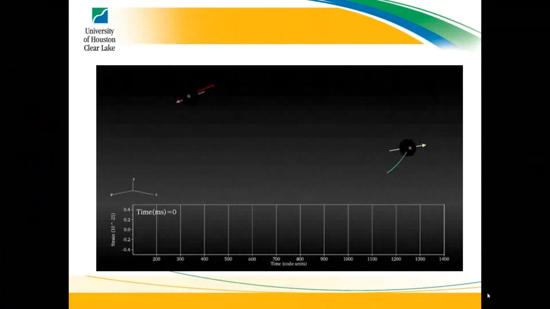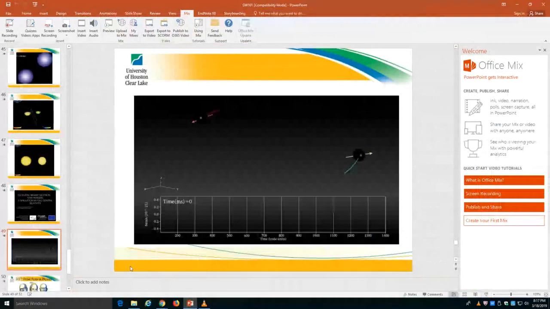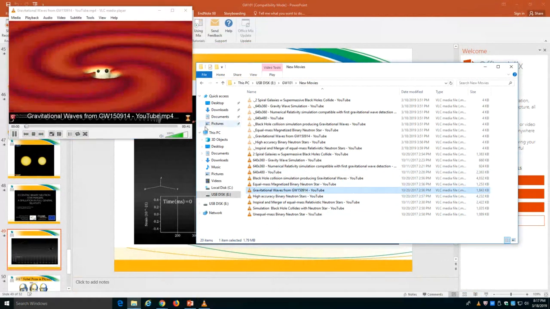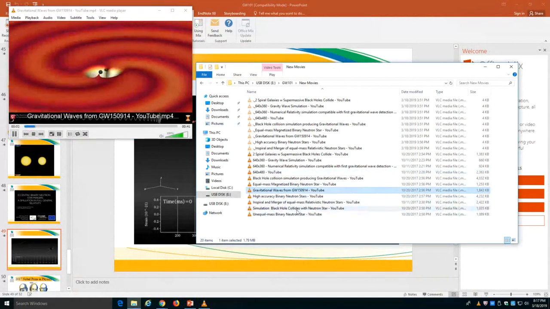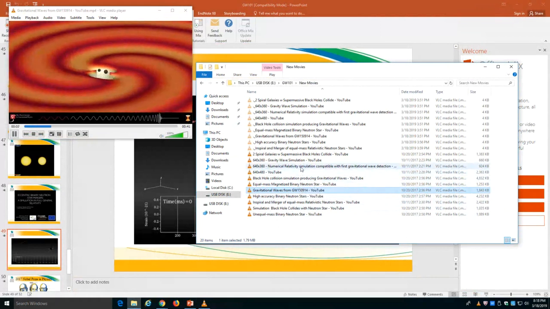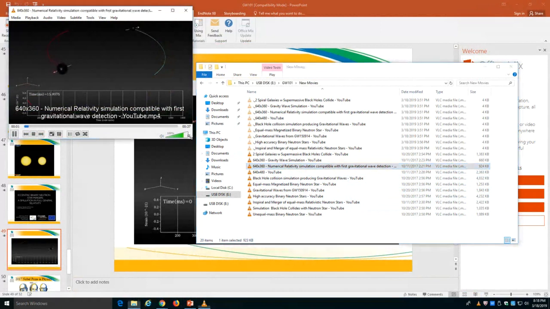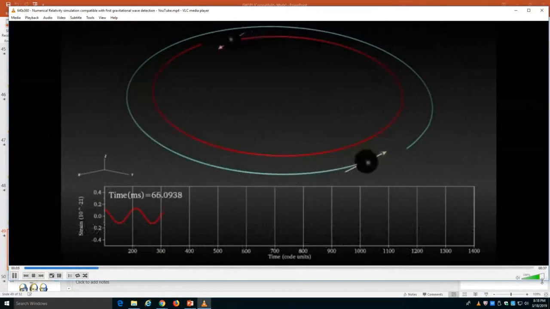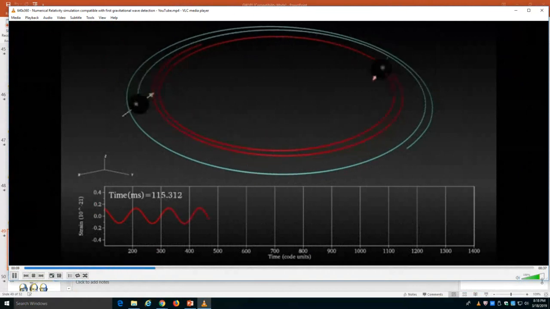So I think I already showed you this one. This was actually the binary black hole that they did observe. Yeah, this one. So you could see here, you got two black holes and they're spinning around. This was actually the first detection of gravitational waves.